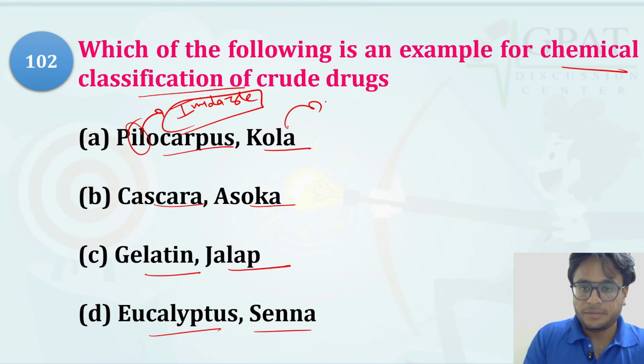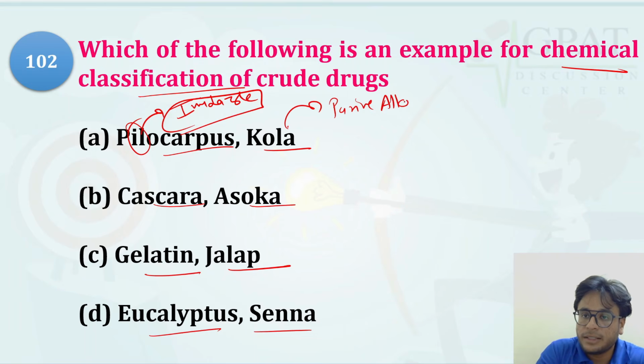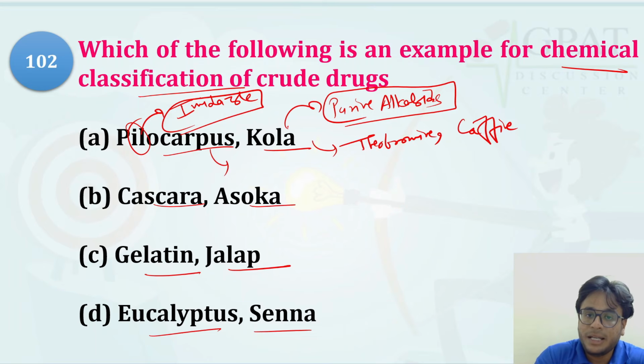Okay, but the cola or the coca, like tea, coffee, are mainly related to purine alkaloids class. The component that is isolated from the cola can be the theobromine, and the another compound can be the caffeine, but the compound that is isolated from the imidazole alkaloids, that is the pilocarpine.